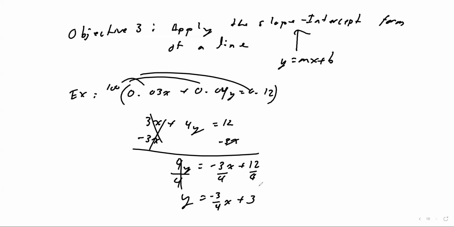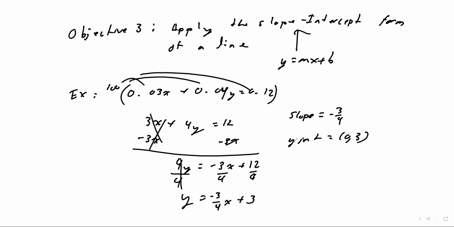So write the equation in slope-intercept form. This says determine the slope and the intercept. So the slope is going to be the number next to the x. That's negative 3/4. Do not write the x. That would be wrong. It's just the number next to the x. And then the y-intercept is going to be 0, 3, because it's just this number here.